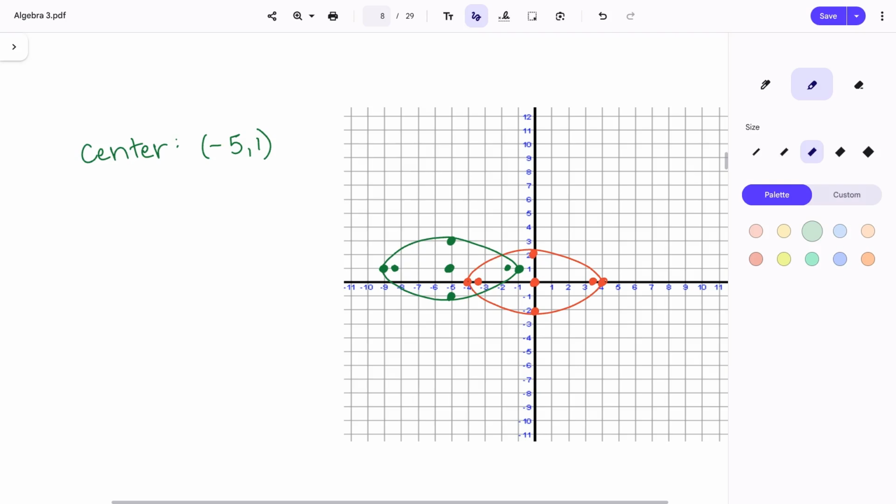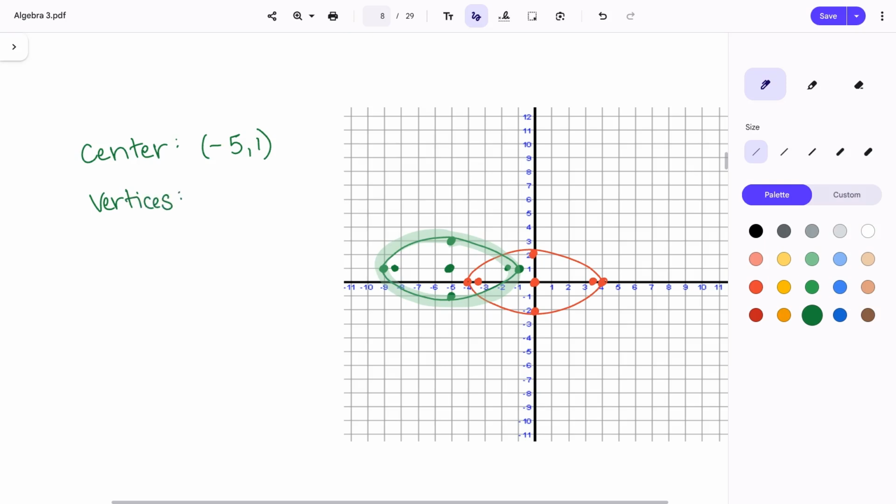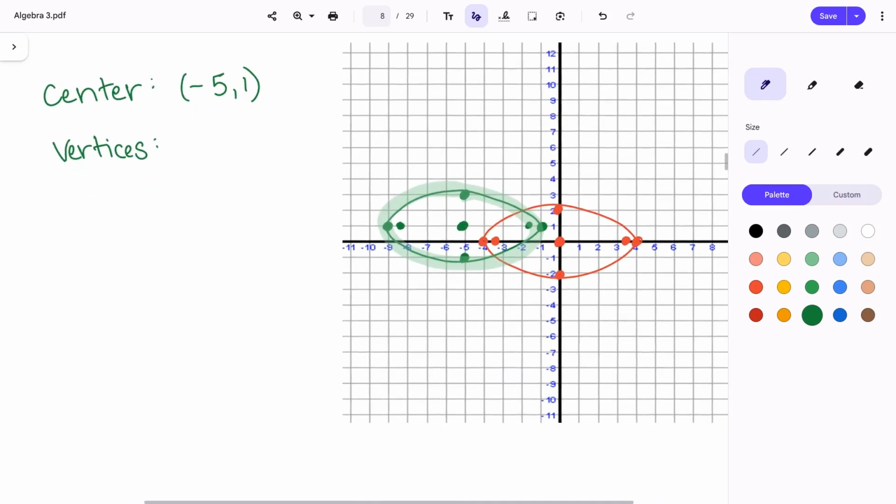Okay, so again, this is the one that we needed to make sure we ended with over here. That's the final one. Where would be my new vertices? Negative 9 and 1. Mm-hmm. And then negative 1 and 1. The foci points? Negative 8.4.